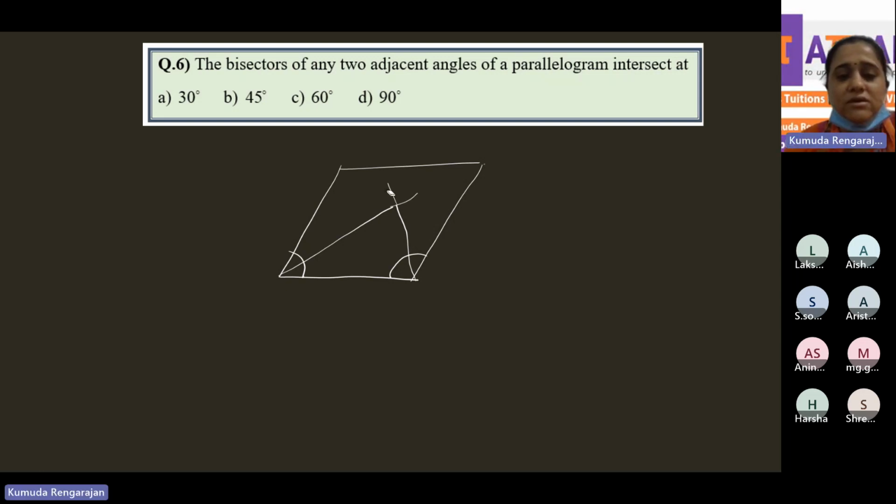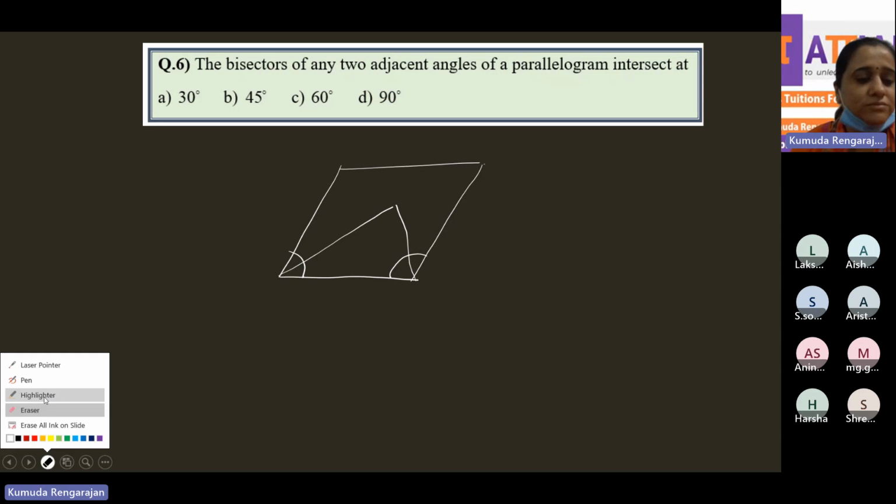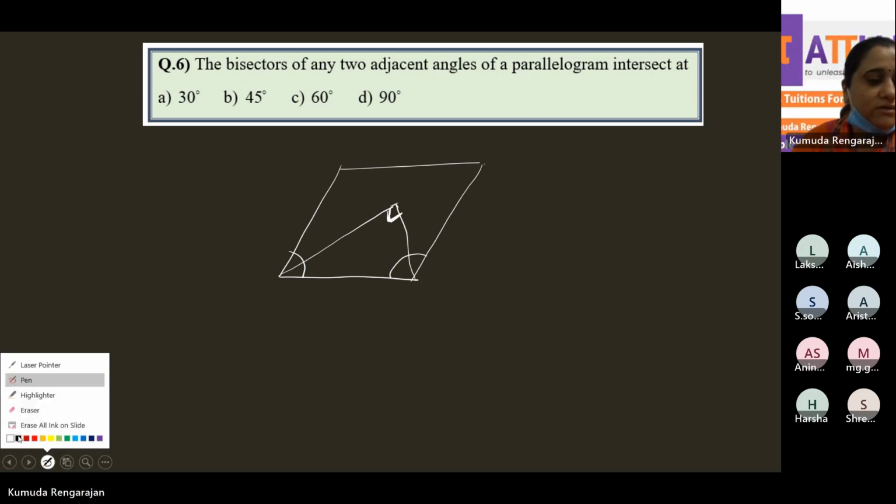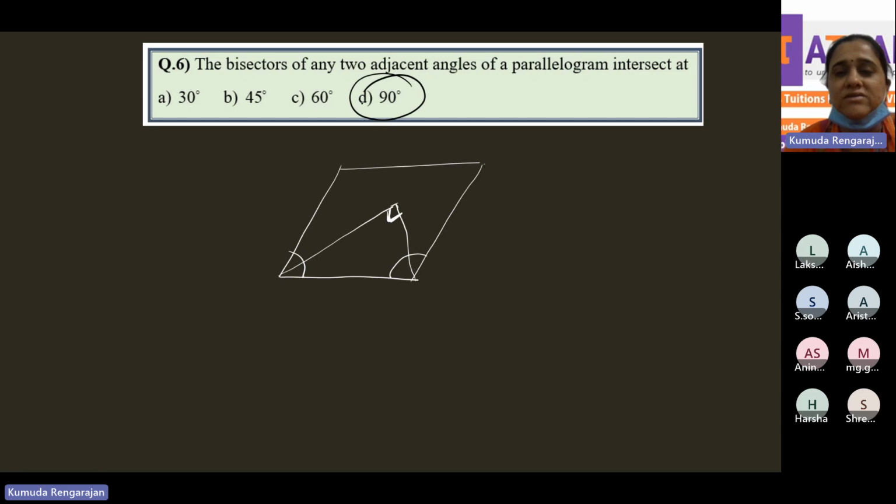I'm just cutting that, taking only this portion. Now the bisectors meet here. You need to prove that they meet at right angles, that this is 90 degrees. They meet at right angles is the answer. That's a property. Now we'll see how it is 90 degrees.